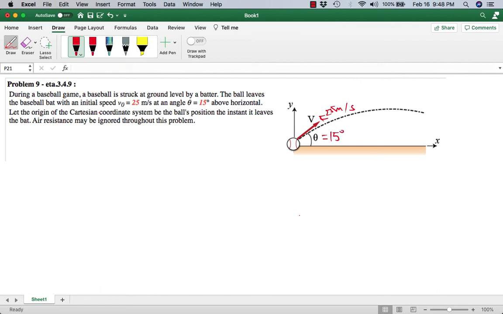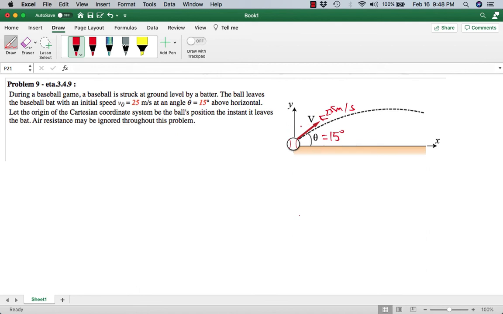Let the origin of the Cartesian coordinate system, Cartesian means x and y coordinate, be the ball's position the instant it leaves the bat. Air resistance may be ignored throughout this problem.